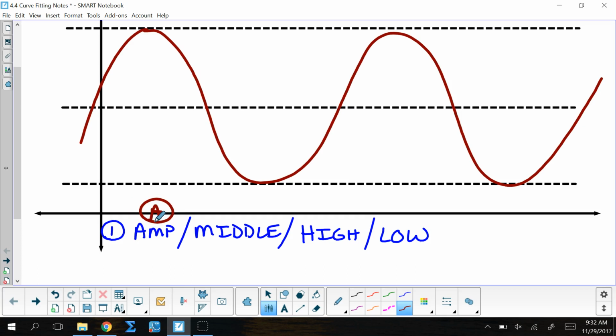Sometimes we might have to find it. How do we find it if it's not given to us? If you have the middle, high, and low, you can find it. By doing? By subtracting high from the middle and seeing what's in between. Okay, so it's distance from middle to high or it's distance middle to low.